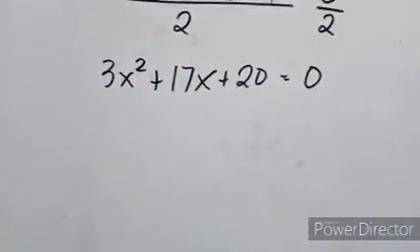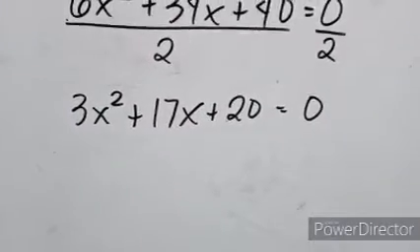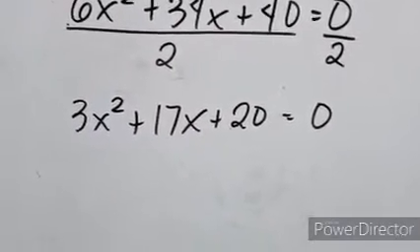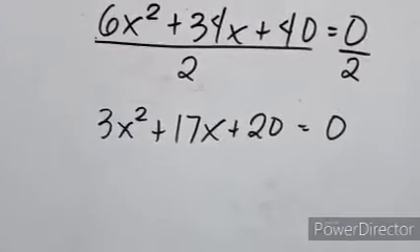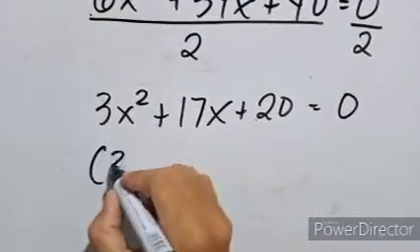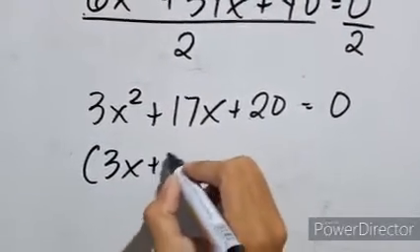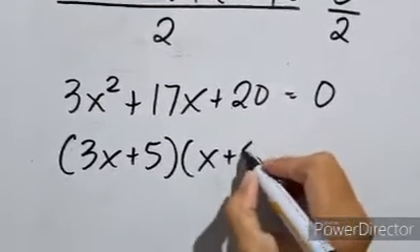So, ngayon, at this point, factoring uli, kung marirecall nyo nung grade 6 nyo, or grade 8, meron tayong steps na ginagawa doon. So, recall nyo doon, hindi ko na siya papakita, pero ang factors natin ay 3x plus 5 times x plus 4.